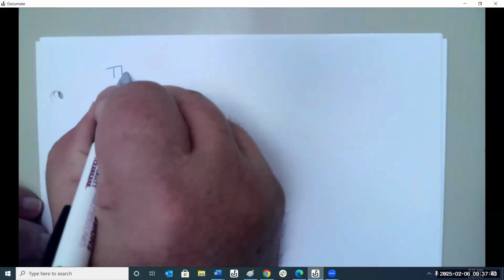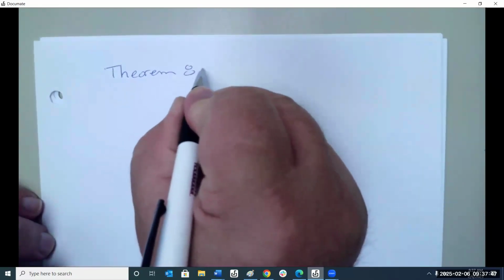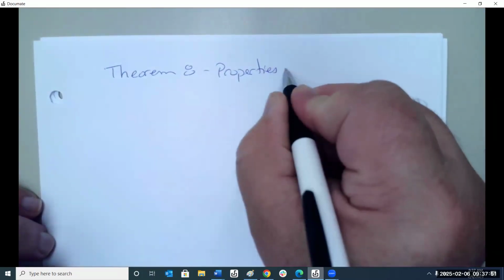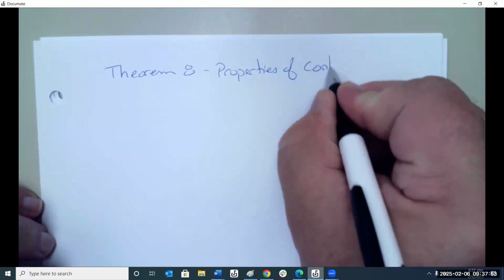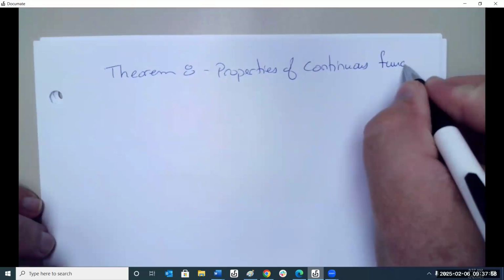All right. So let's look at the properties of continuous functions. Theorem 8. Properties of continuous functions.